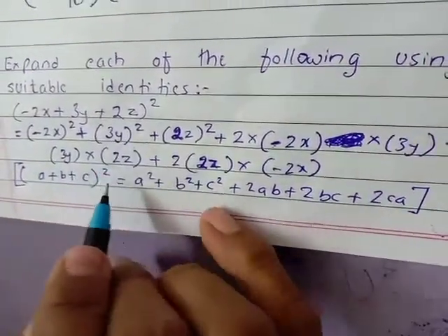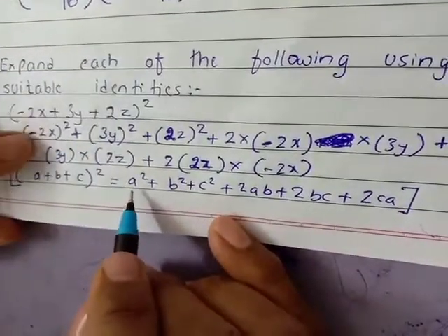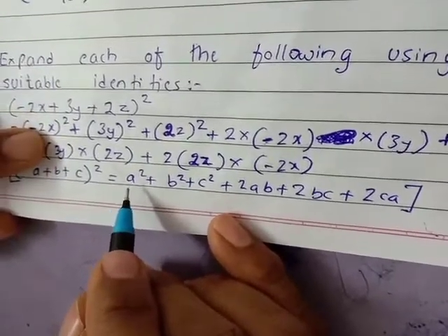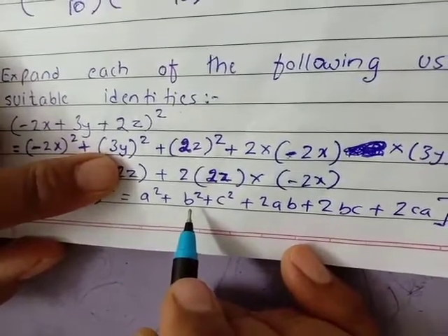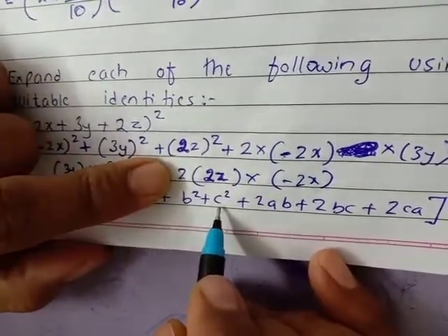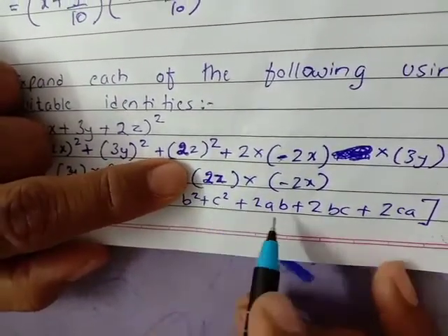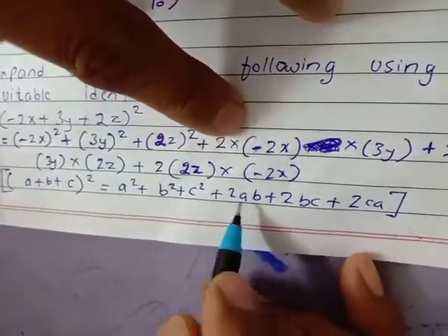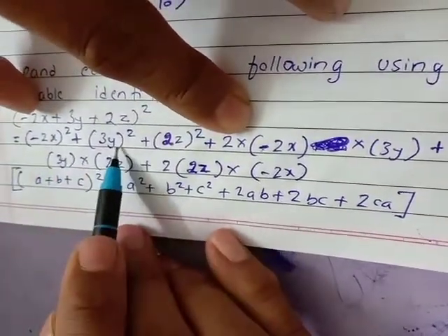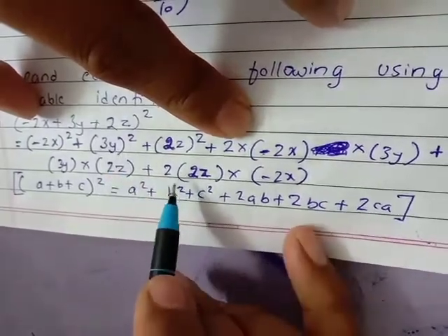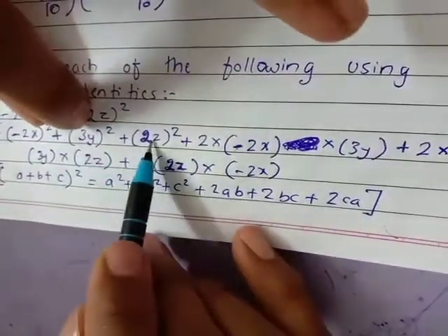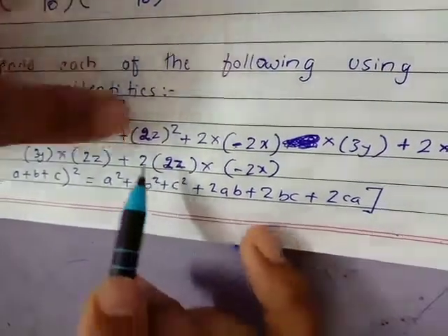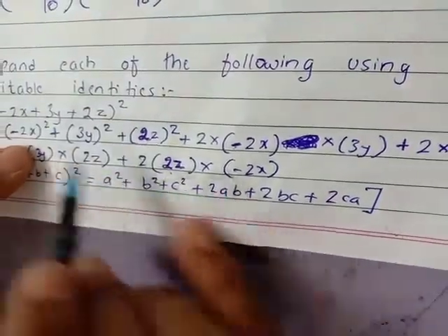See here, a is minus 2x, a square plus b is 3y square plus c square. c is what? 2z. 2ab, 2 into a into b, plus 2 into b into c, and plus 2 into c into a.